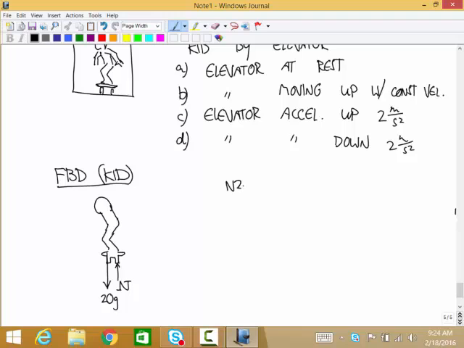And then Newton's second law says (0, negative 20g) plus (0, N) is equal to the kid's mass. Would it be 20 kilograms?